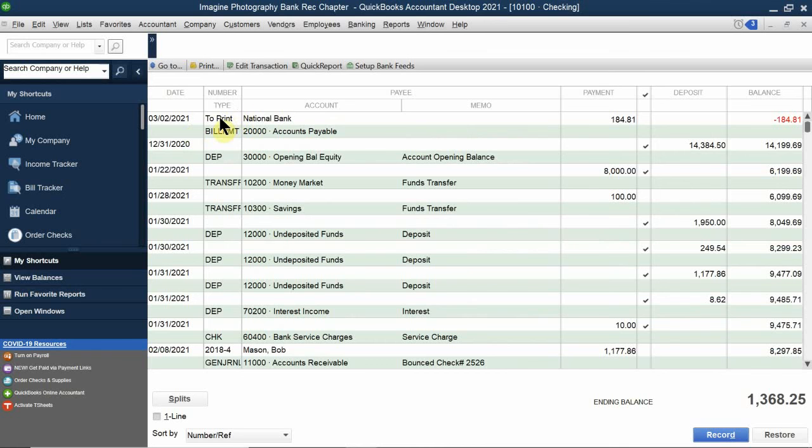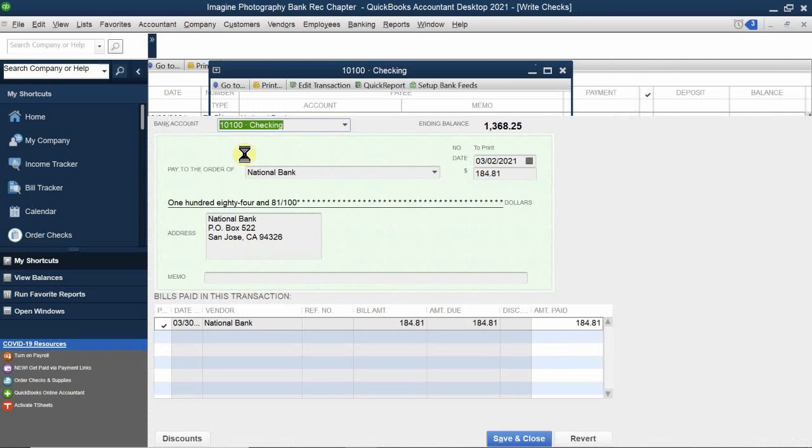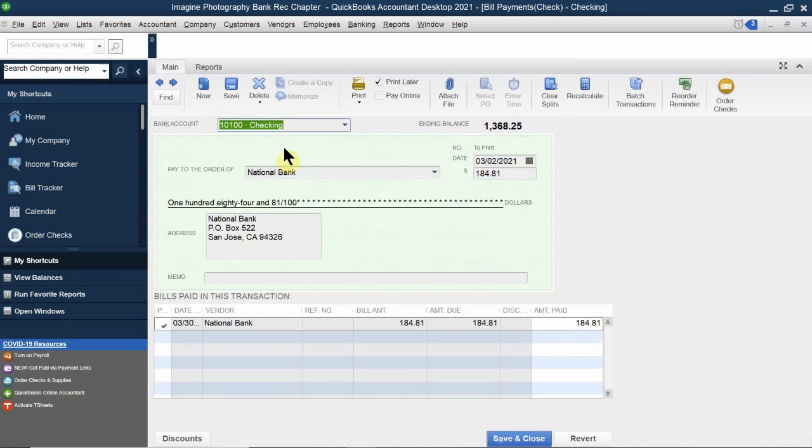And it says to be printed. You can go through this. Let's say you used your online banking to do it. Then you can say I'm not going to print it out. There's no check necessary to be written out. Instead, I can say this was an online funds transfer, or you can put your debit card, whichever means for it to record it in your book.